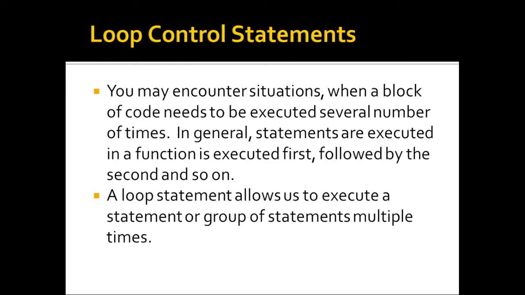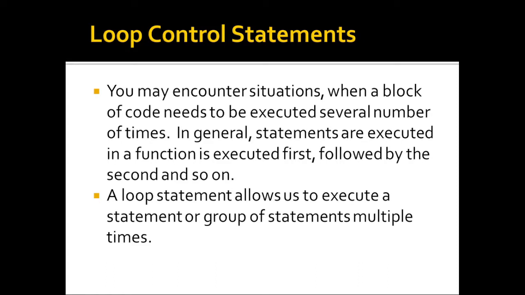Loop control statements. You may encounter situations when a block of code needs to be executed several number of times. In general, statements are executed sequentially. The first statement in a function is executed first, followed by the second, and so on.